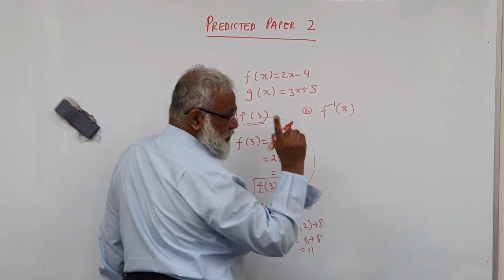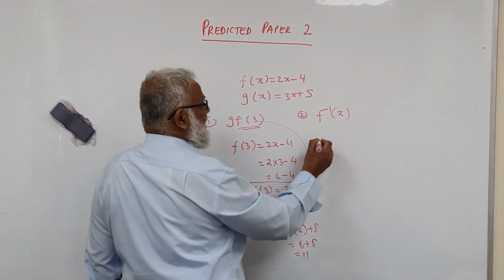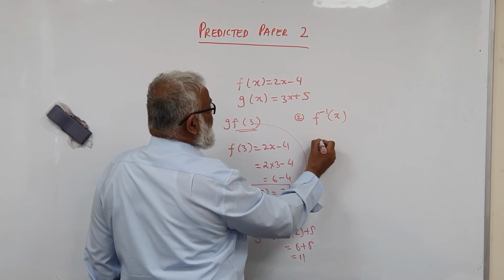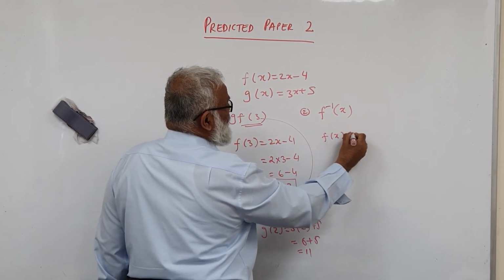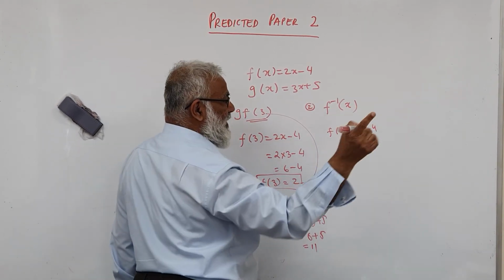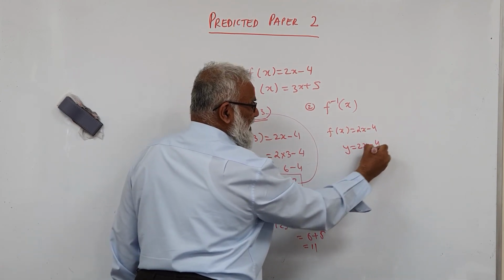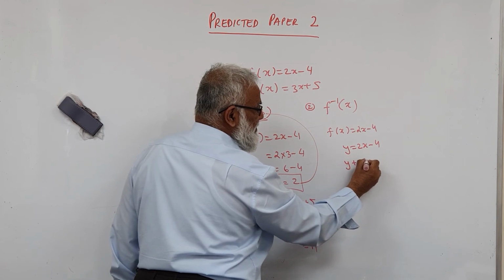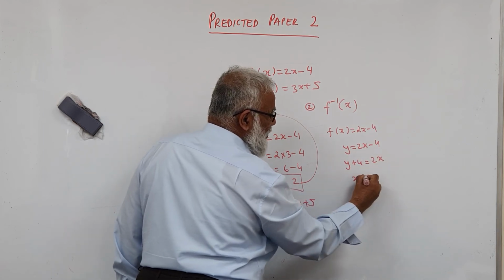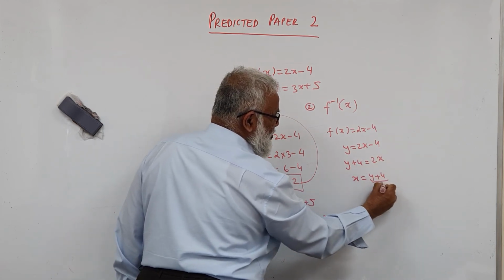f inverse x, 2 steps to remember. Step number 1, I take f(x) as 2x minus 4 and change it into y, and find the value of x. So x is equal to y plus 4 divided by 2.